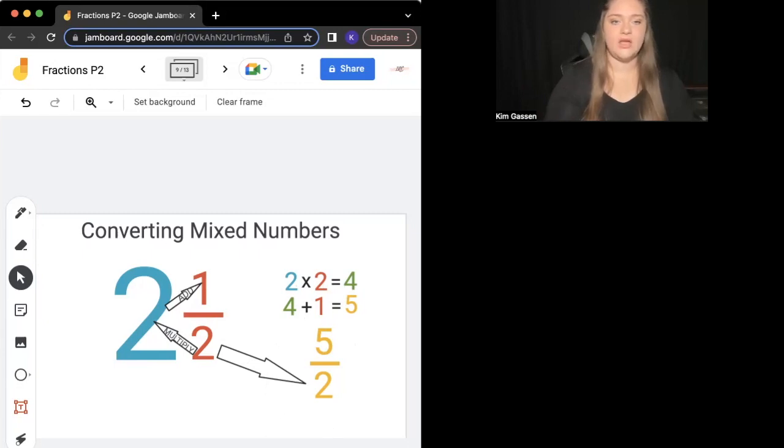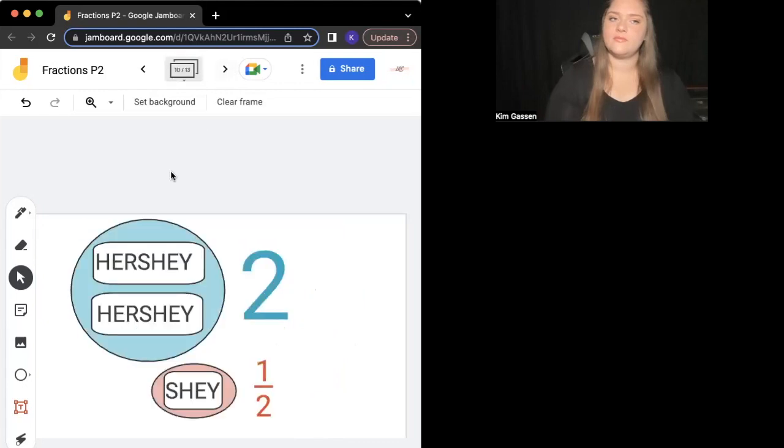All right. So let's look at this visually. So here we have 2 whole candy bars and 1/2 of a candy bar. If we're going to turn this mixed number, this proper fraction, into an improper fraction, what we are trying to find is how many halves we have altogether.